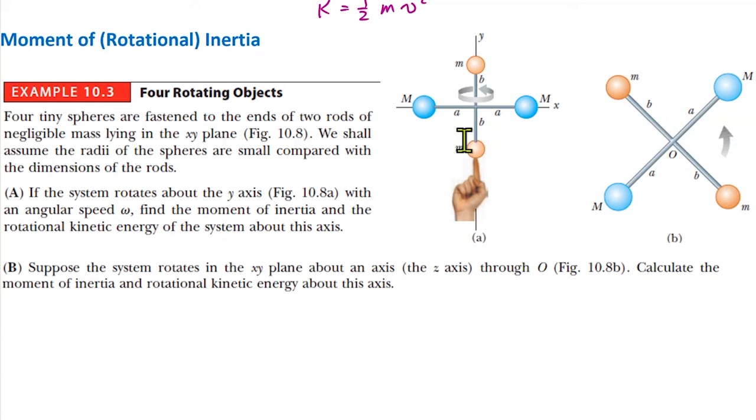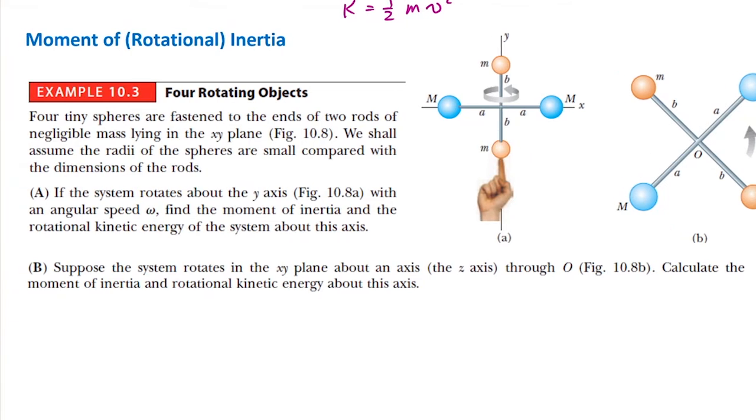Now, this moment of inertia, or rotational inertia, matters where your rotational axis is, okay? So our situation is we have 4 point masses of negligible size. The blue masses have capital M as mass, and the orange ones have lowercase m.